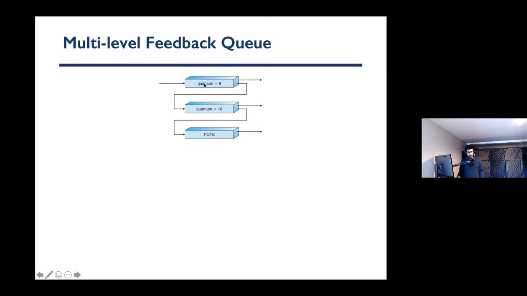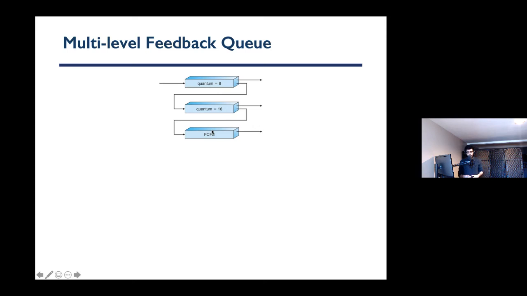What I'm now describing is the vanilla version that was initially implemented. You can change that. It's very flexible. But let's just talk about the vanilla version. The vanilla version had round robin in these 2 queues and FCFS in the last queue.